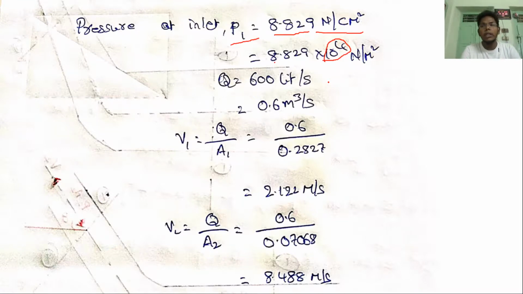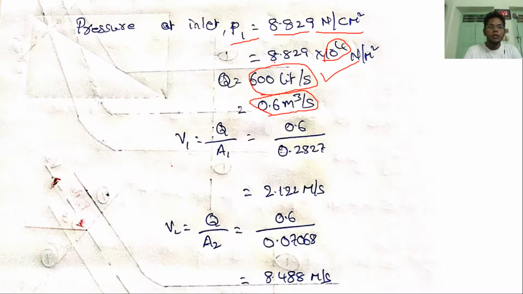Now Q, the discharge value, is 600 liter per second. I am converting it into 0.6 meter cube per second.